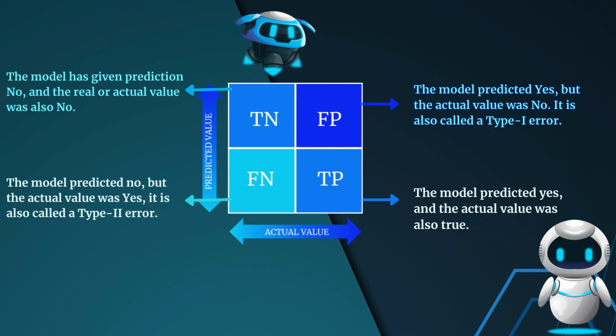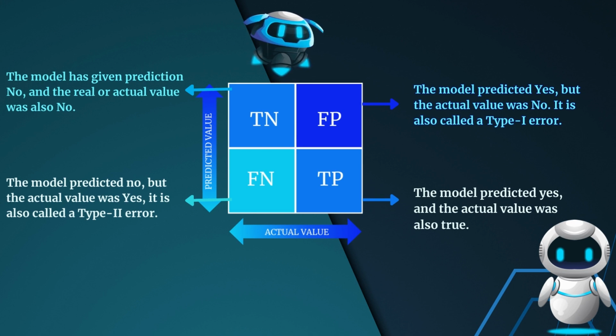For false negative and false positive, FN stands for false negative and FP stands for false positive. What is a false negative? The model predicted no but the actual value was yes. It is also known as a type 2 error. When our predicted value is no but the actual value for the same test case is yes, it is known as a type 2 error or false negative, which means our prediction is wrong.